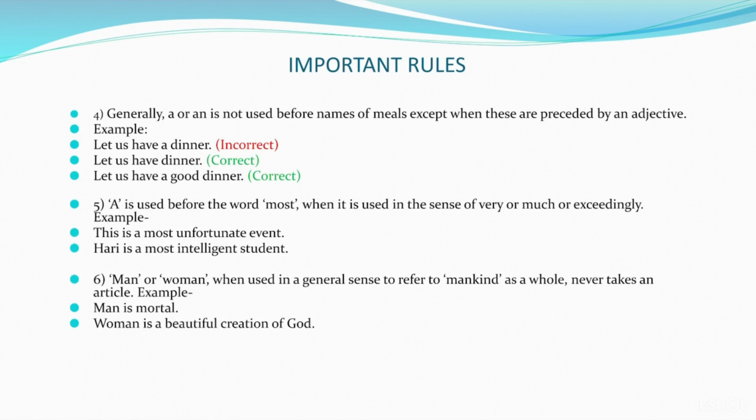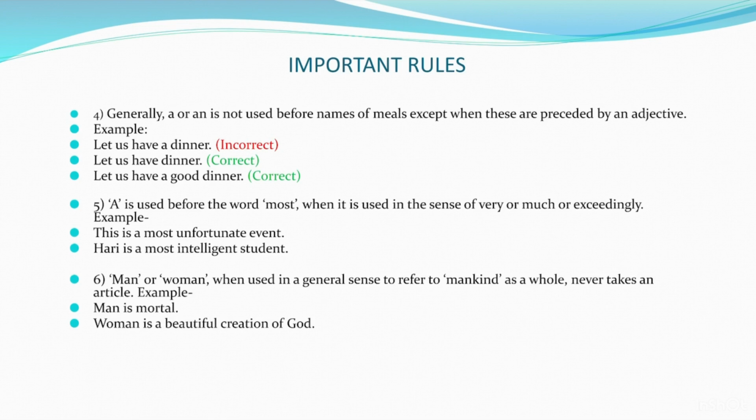So we cannot use a or an before the names of meals. We should say, let us have dinner. This is correct. But if I want to mention good dinner, then I can use a good dinner because we can use a or an before an adjective with a meal. Okay, let us have a good dinner or let us have an excellent dinner.